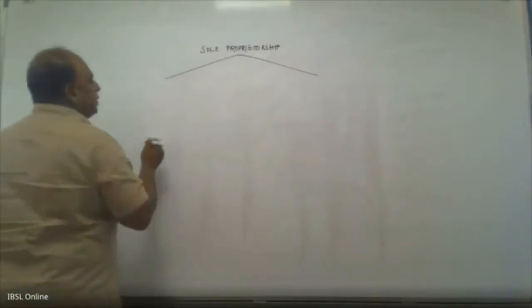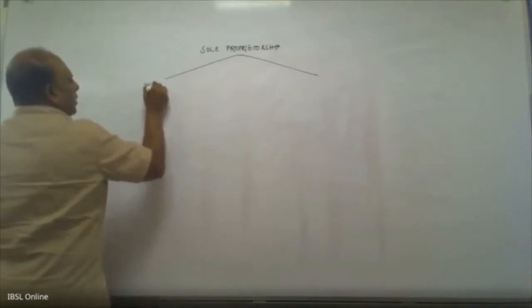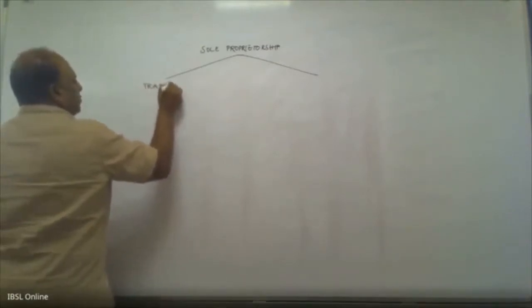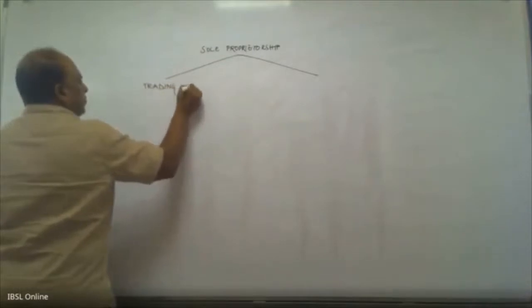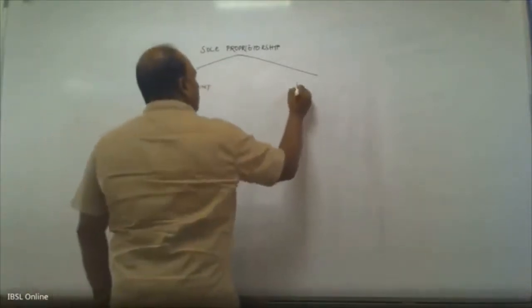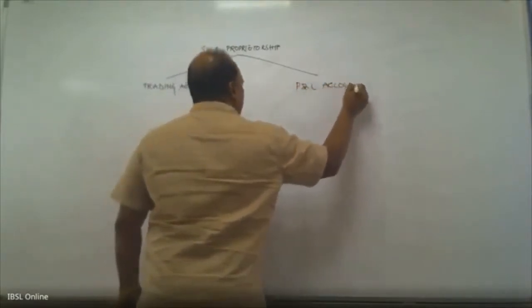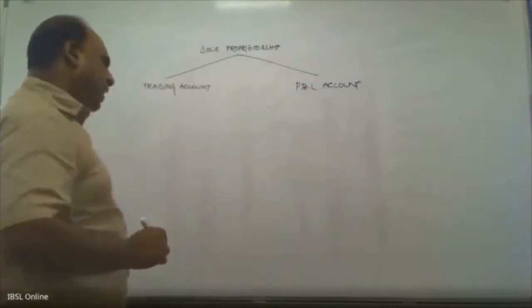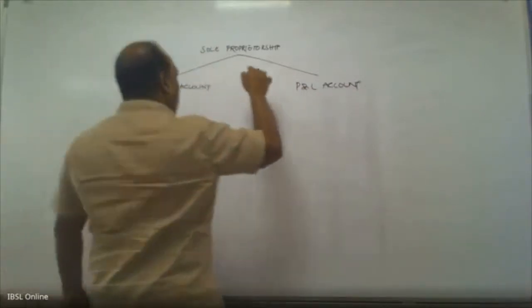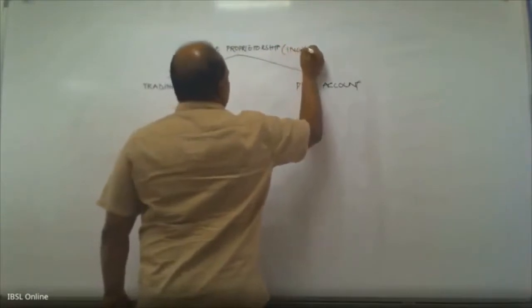We can divide it into two. One is called the trading account. And the other one is P&L. Okay. So I'm not going to use the word P&L for the total thing. Let's say the total thing will be income statement.